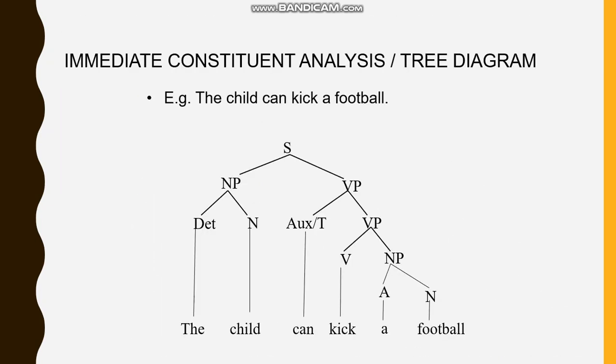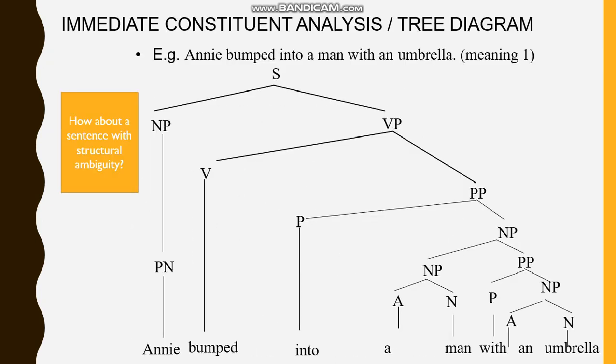How about a sentence with ambiguous meaning? Annie bumped into a man with the umbrella. The first definition, if you still remember, is that the man brings the umbrella and Annie bumped into the man. So: sentence, noun phrase and verb phrase. The noun phrase is the pronoun Annie, but we have to be careful after that.